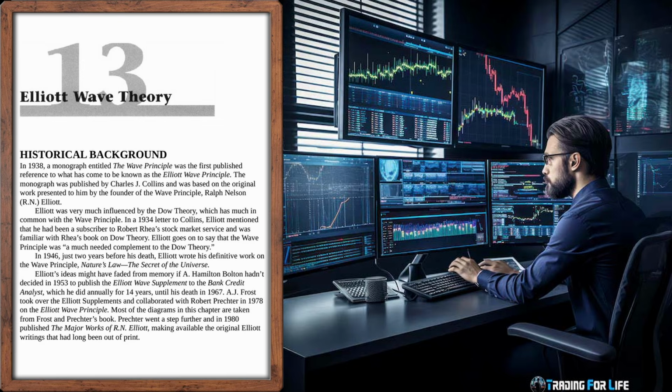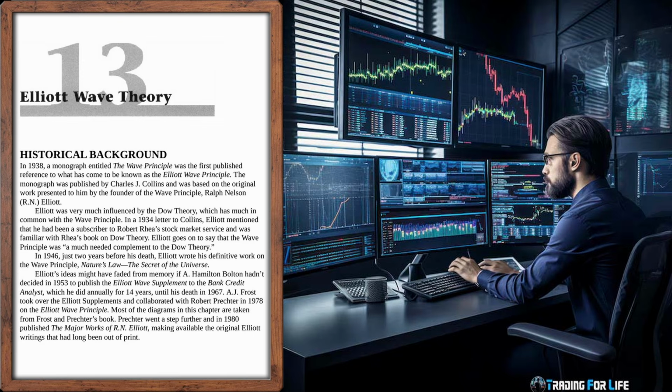In 1946, just 2 years before his death, Elliott wrote his definitive work on the Wave Principle, Nature's Law, The Secret of the Universe. Elliott's ideas might have faded from memory if A. Hamilton Bolton hadn't decided in 1953 to publish the Elliott Wave Supplement to the Bank Credit Analyst, which he did annually for 14 years until his death in 1967.